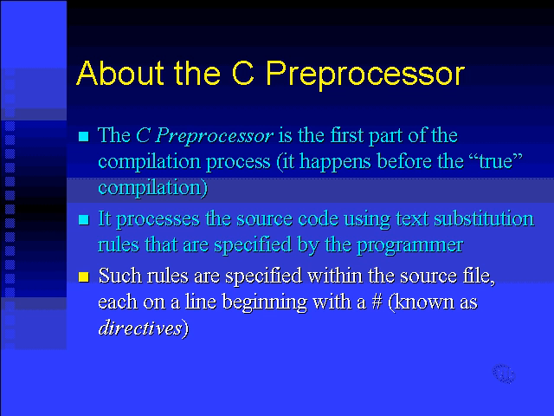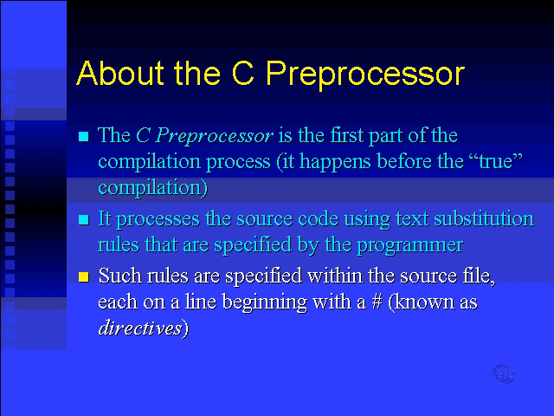You can recognize the C preprocessor directives in the file because they begin with a hash. Do you recall any C preprocessor directives that you might have seen before? Can you think of any? We have actually been using one. Only one so far. Yes, it was the hash include directive.